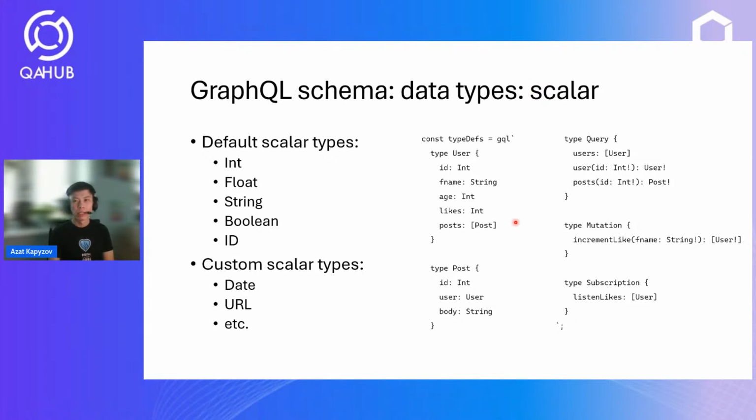For example, here we used integer, string, integer, etc. But if we need to specify, let's say, the birthday of the user, it would be better to use a date type instead of just a string or some other. So yeah, we can do it.